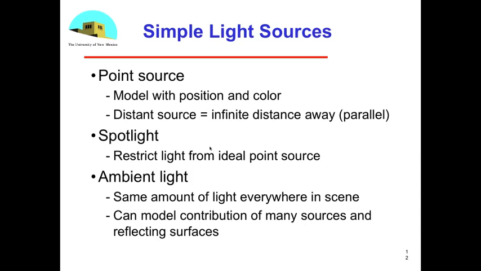The other kind of light source that we can get from that is a spotlight, and that's really easy to do, because we start with a point source, and instead of considering 360 degrees going around it, we just consider a certain solid angle coming out of that, and everything else is going to be 0. That gives us a spotlight. So a spotlight will be like a point source. It'll have a location, because we'll need to at times worry about the distance from the light source to the surface.